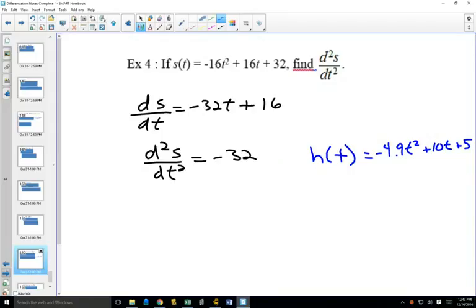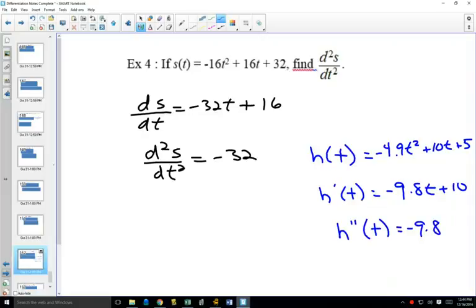And this would have been the equation. Look at the first derivative, negative 9.8t plus 10. Look at your second derivative, negative 9.8. So you could test the validity of those questions if they were realistic.